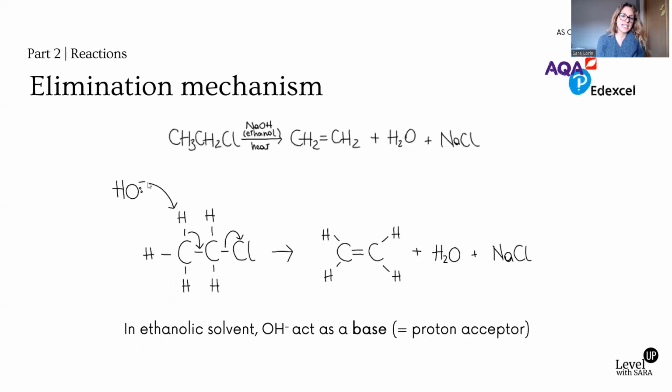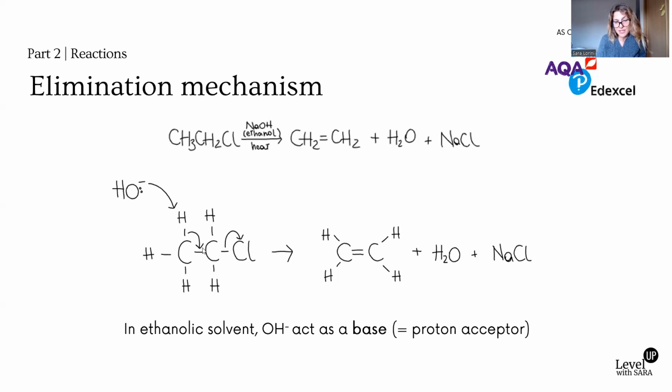So because, as we said, it's a base, it's a proton acceptor, the hydroxide would take away that hydrogen. But if you think about the electrons between the carbon and hydrogen, they have to go somewhere. So they would go into the p orbitals of the 2 carbons. So guess what that forms? A double bond.